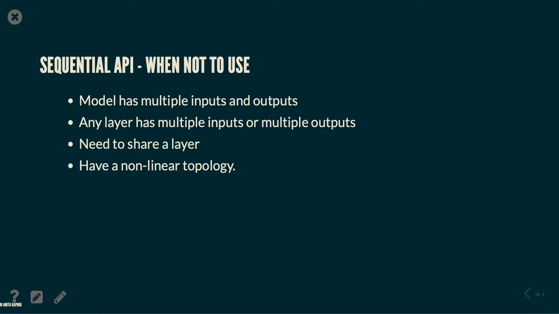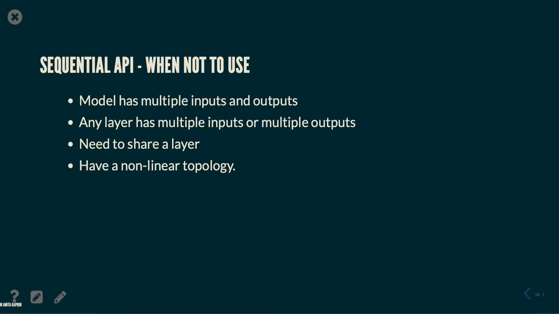If you go back to the Sequential API stack structure, you can see that I had only one input per layer and one output per layer. But if in a model architecture a particular layer takes more than one input or gives more than one output, I cannot use the Sequential API. I also cannot use it if I'm sharing a layer among other layers.